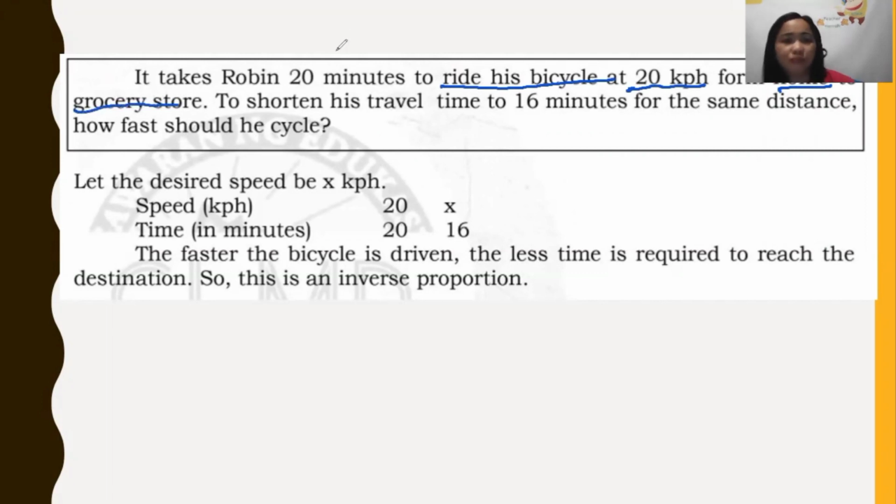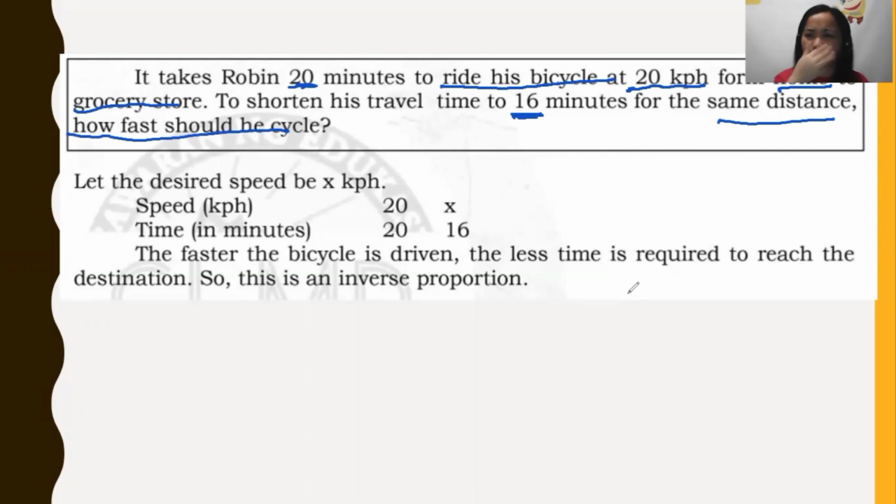So ngayon, inaabot siya ng 20 minutes. Ngayon gusto niya na mas umiksi yung time. Gusto niyang gawing 16 minutes lang mula sa bahay nila hanggang grocery store. Pero, same distance pa rin. Ang tanong, how fast should he cycle?